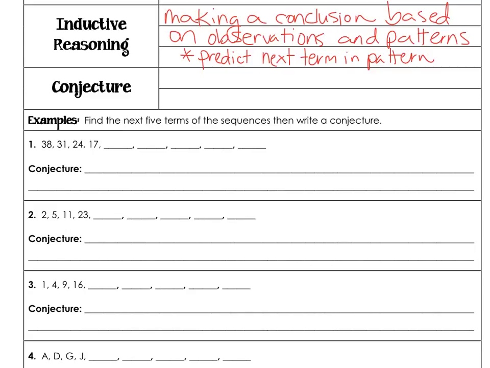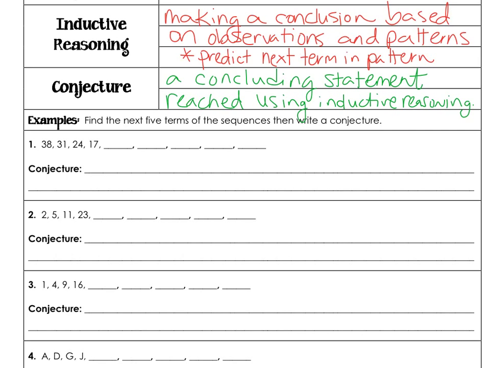We're going to be looking at what the pattern is, and it could be with numbers, situations, letters, or time. We're just going to predict what comes next in that pattern. A conjecture is a concluding statement that is reached using inductive reasoning, and the other form of reasoning, deductive reasoning, we're going to learn about later.